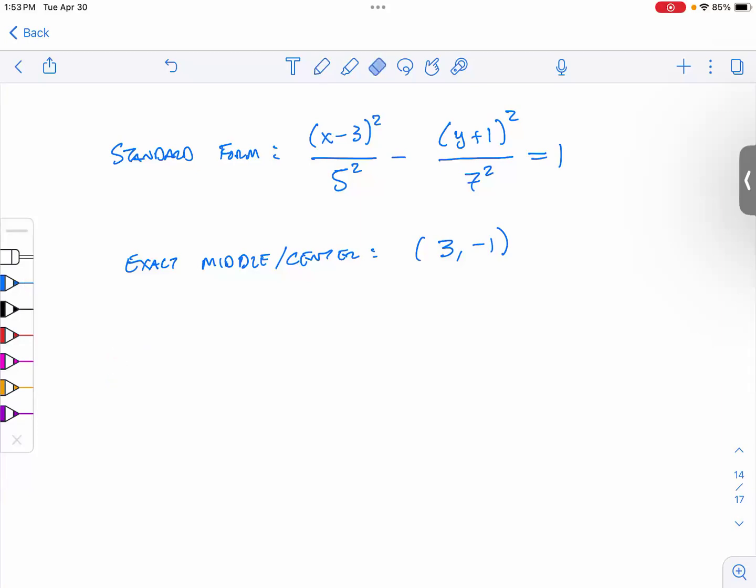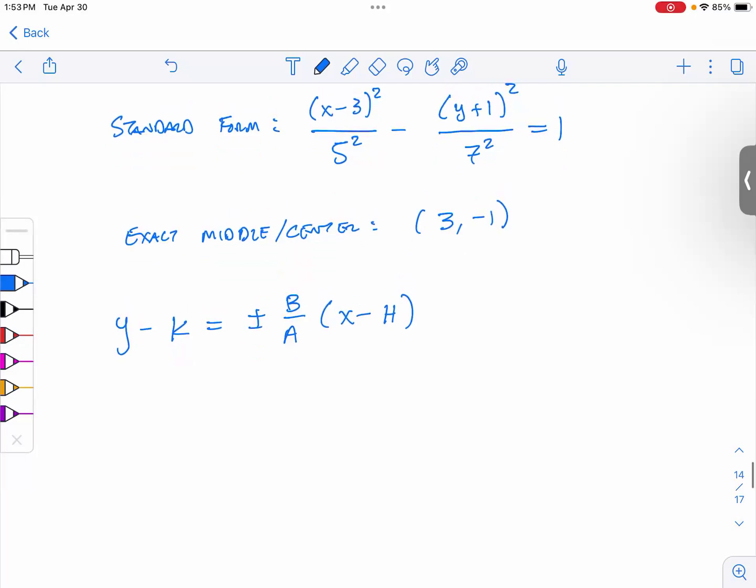Actually, okay, let's write this. So this is the generic point slope form of a line, slightly different than what's written above, but the same exact concept. And I wrote it like that because the y minus k value is that piece once you have it in standard form.